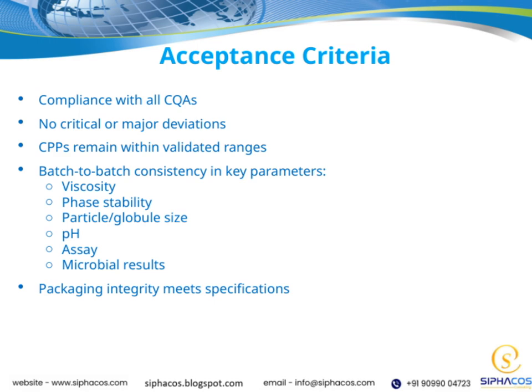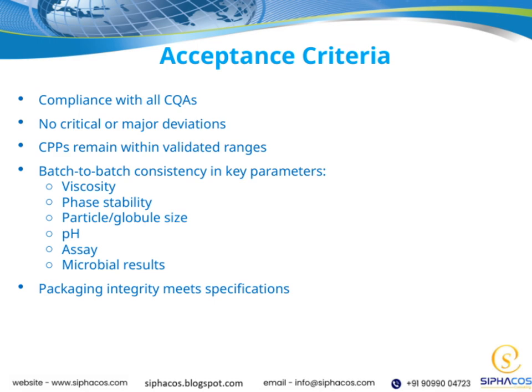When we look at batch-to-batch consistency, we see stable key parameters such as viscosity, which affects how the product flows; phase stability, ensuring the product remains uniform over time; particle and globule size, which impacts safety and efficacy; pH, critical for stability and activity; assay results, confirming the correct dosage; microbial results, ensuring the product is free from contamination; and packaging integrity, which must meet our specifications to protect the product until use.